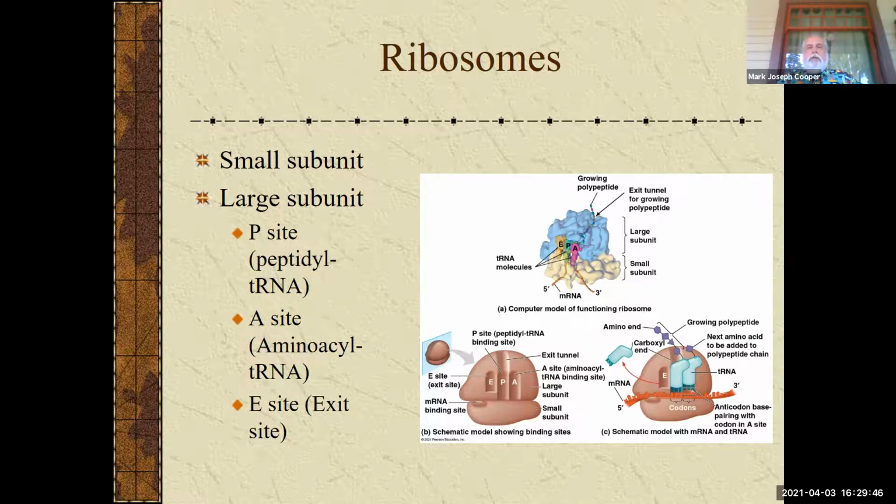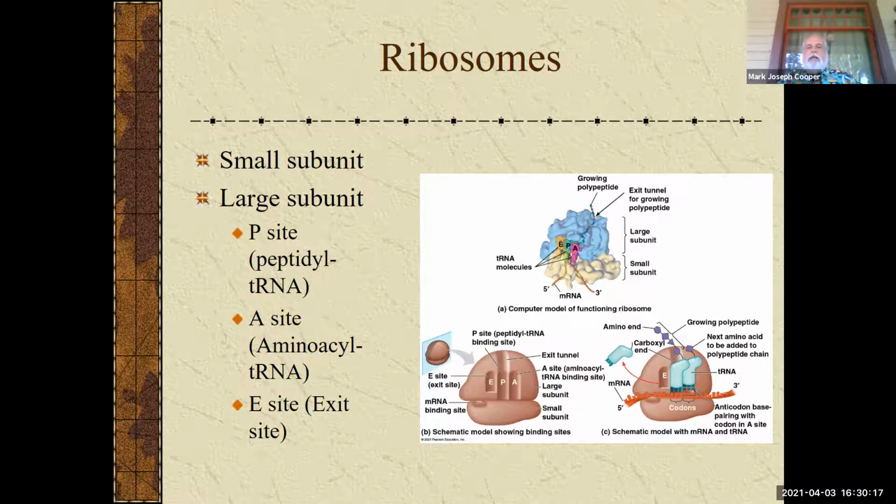There's the one in the middle called the P site, which is the peptidyl transfer RNA site. What I want you to know is that is where the growing protein is happening. That's where the growing polypeptide is. Okay, the A site is the amino acid transfer RNA binding site, and this is where almost all the new transfer RNAs with their amino acids show up.